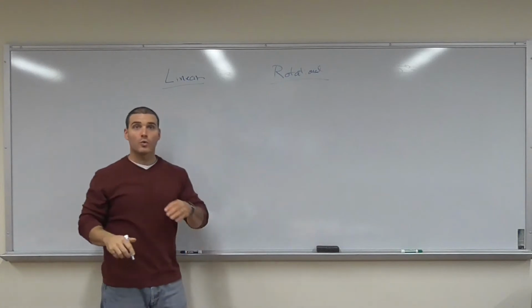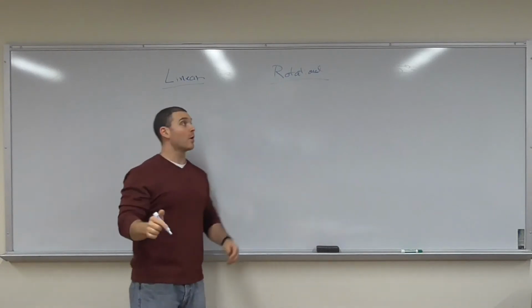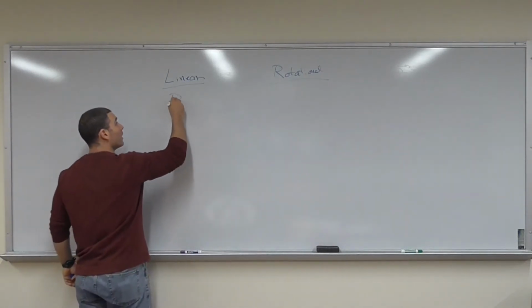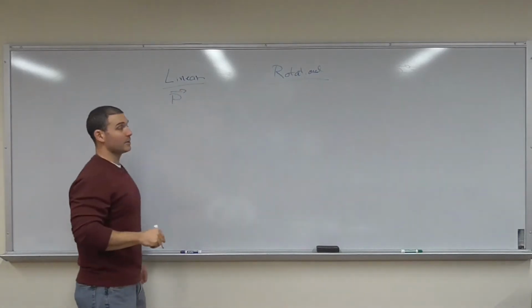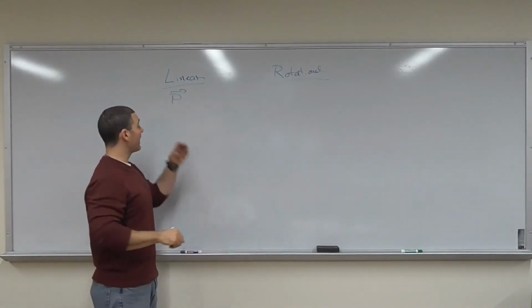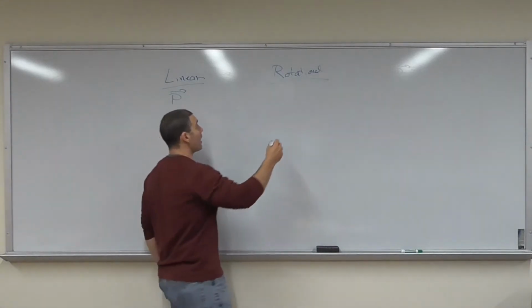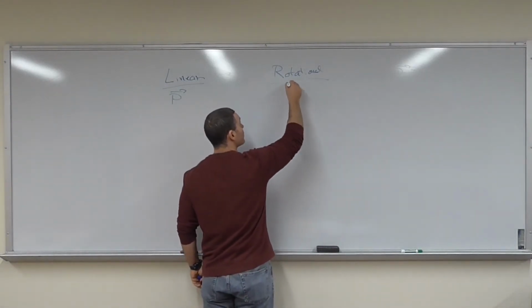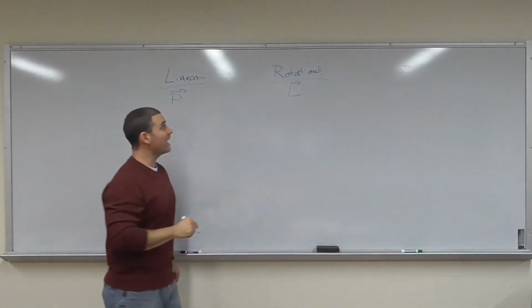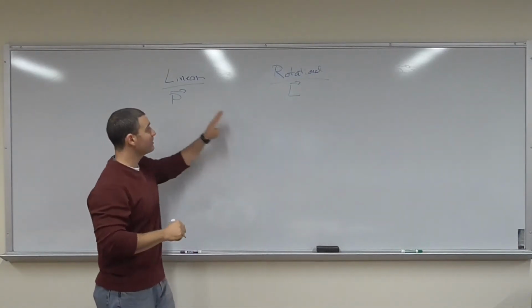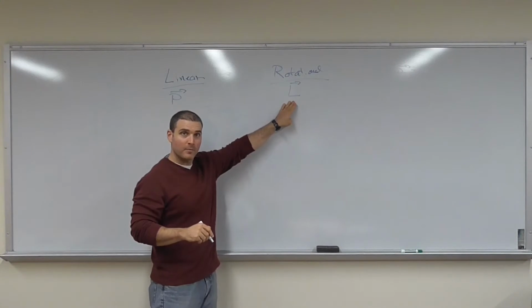So, in linear quantities, we thought about the linear momentum. Well, it's a vector, it points, okay? And the analogy in rotational quantities is the angular momentum. So linear momentum and angular momentum.